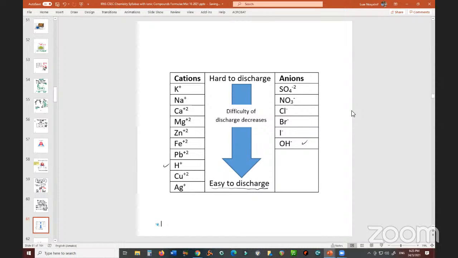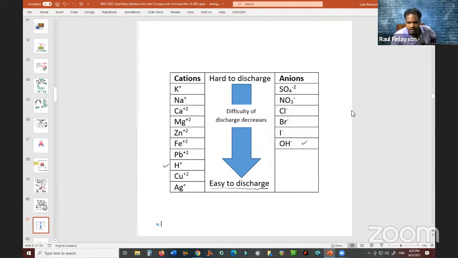All right. So that's it. It's not hard. Once you know this chart, and as a simple rule, once it's an aqueous solution, you always know the hydroxide will come off at the electrode. Hydroxide always comes off first if it's an aqueous solution.